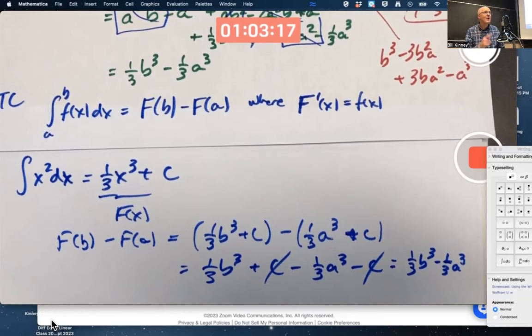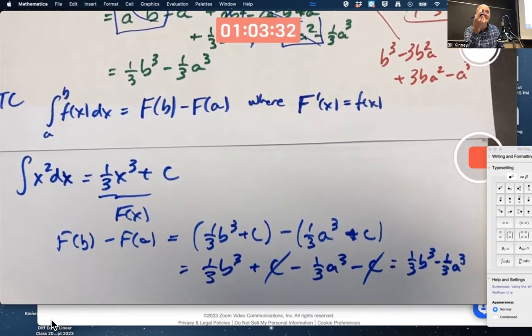However, there is a way to view this that we'll see Wednesday and Friday that makes it actually intuitive and makes it almost obvious why this works.